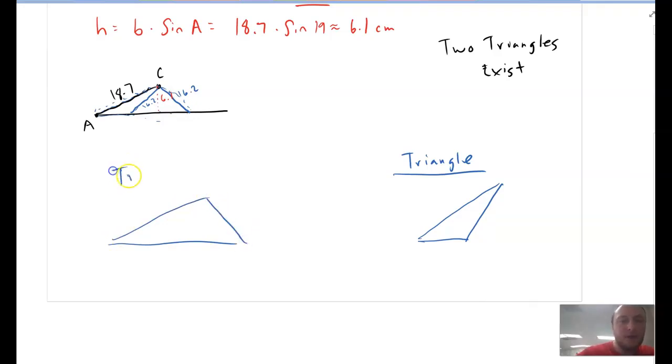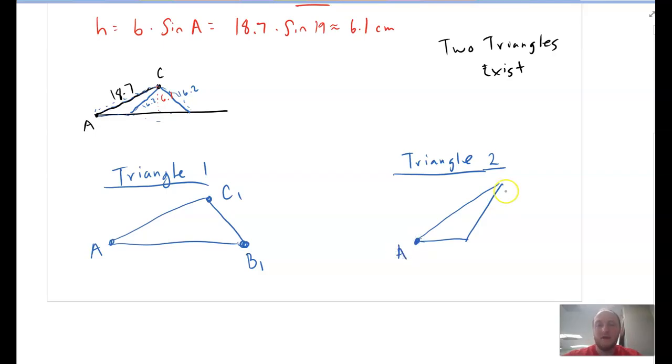I'm going to call this one triangle 1. I'll show you why I'm doing that in a second. I'll call this one triangle 2. This is A, this is what I will call B1, and this is what I will call C1. Over here, this is A, this is what I will call B2, and this is what I will call C2.